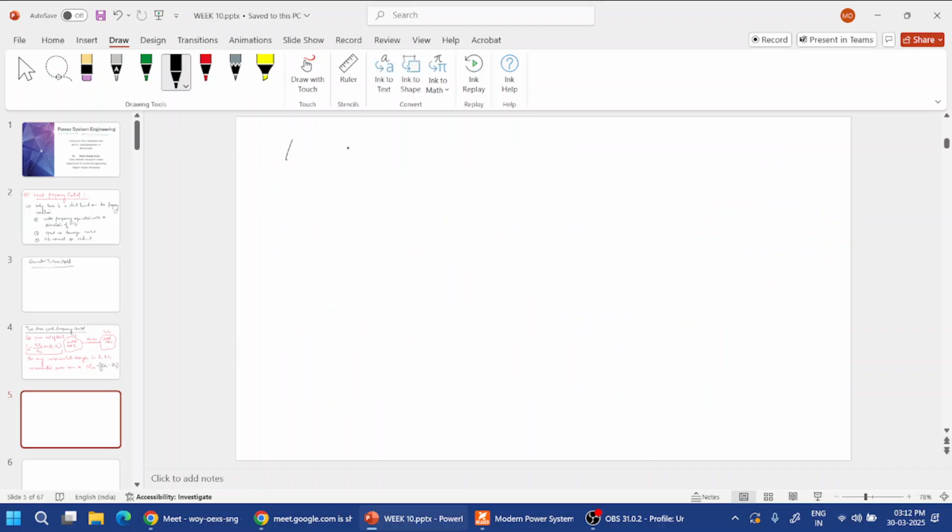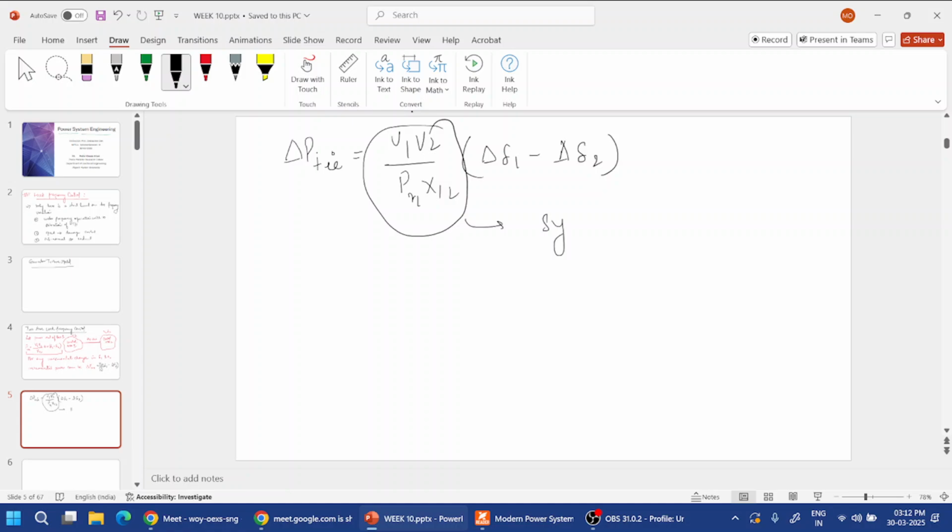So the incremental tie line power is equal to V1 V2 over X12 times the change in del 1 minus the change in del 2. This T12 is known as the synchronizing coefficient.